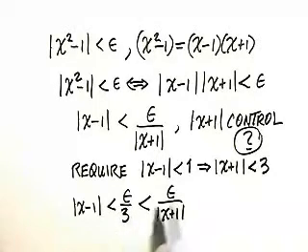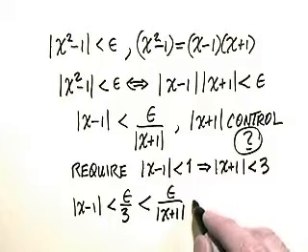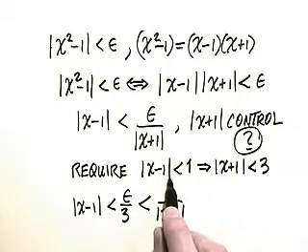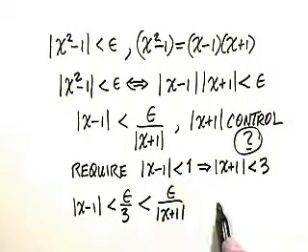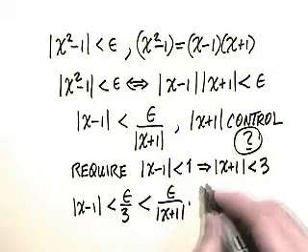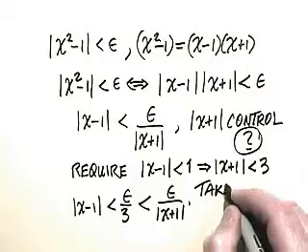And so that tells us what to do. We take delta to be equal to the minimum of the numbers 1 and epsilon over 3.